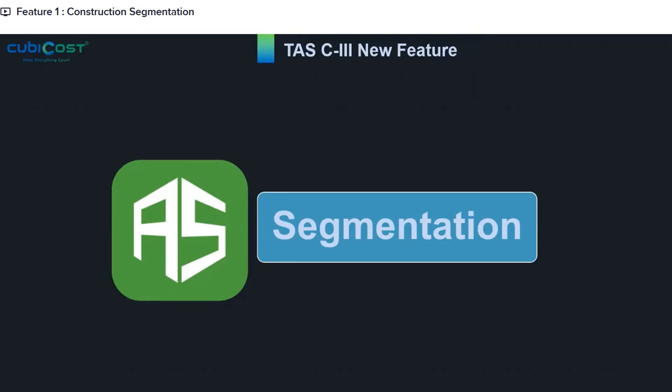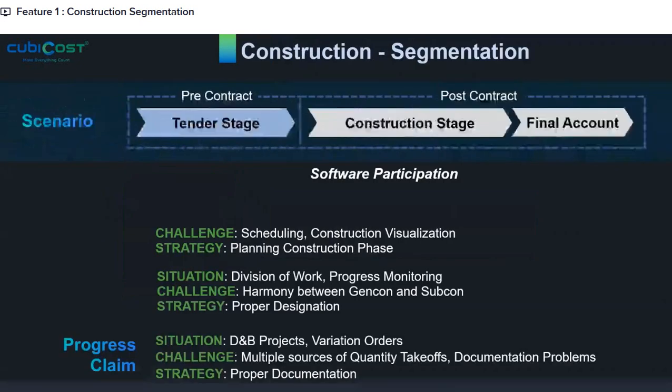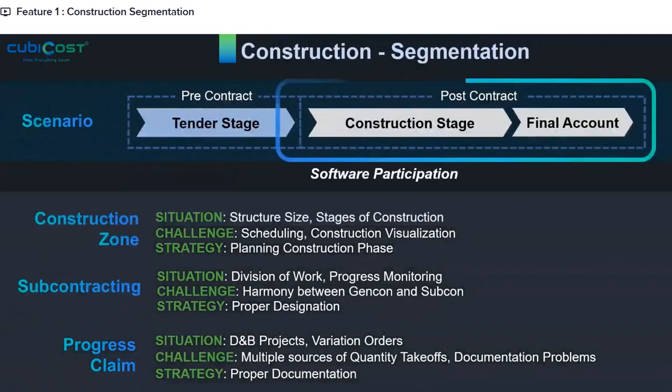We all know that in a construction setup, the typical scenario is that we have the pre-contract and the post-contract stage. In the pre-contract stage, this is where BIM shines, because we can model, take off quantities, and cost the structure just by the plans.